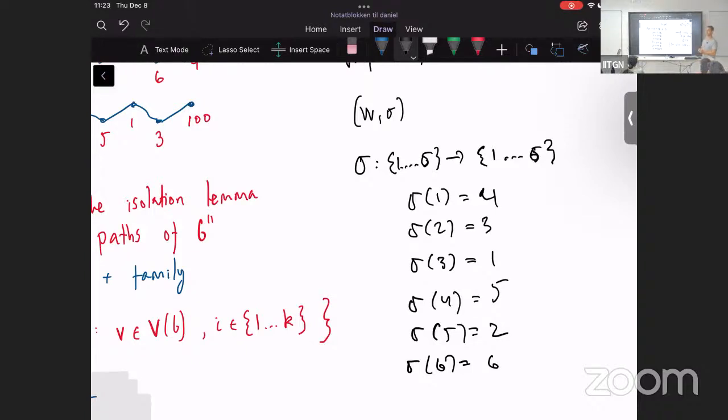In order to be labeled, the domain is the number of vertices and the range is the naturals. The number of vertices and positions is the same for paths, but of course, it's not the same for walks. So for walks, what we care about is the number of positions.